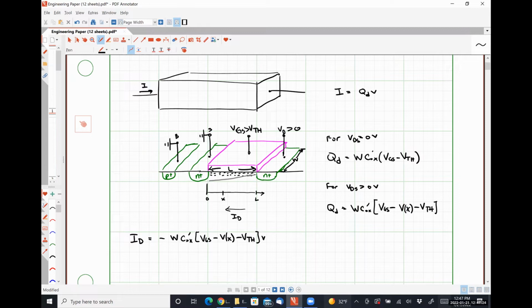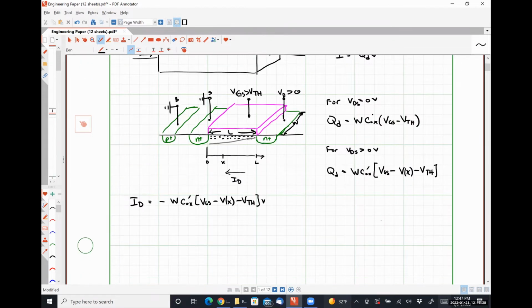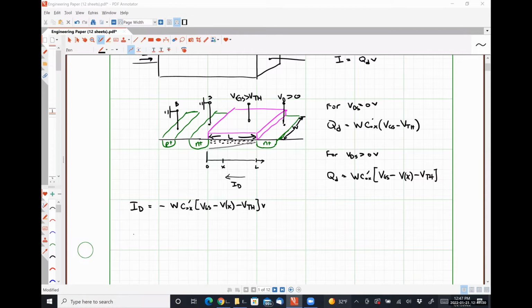So we know that for a semiconductor, the velocity v is equal to mu, our mobility, times E, our applied electric field.